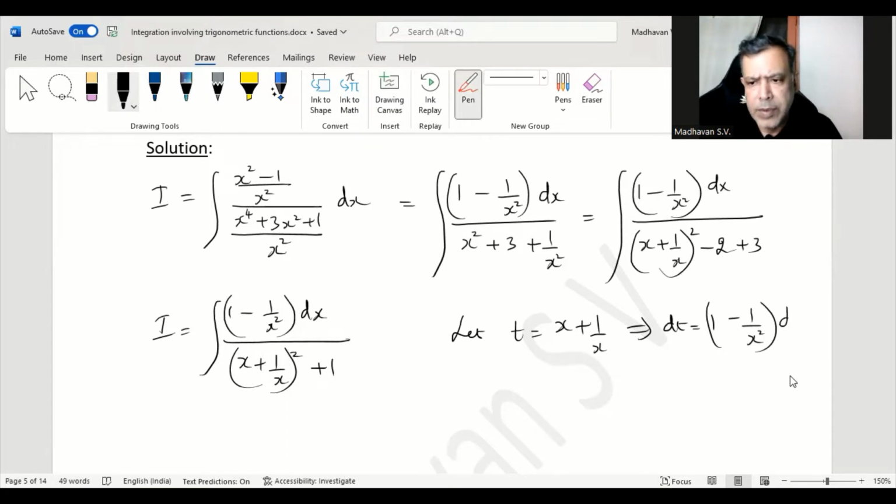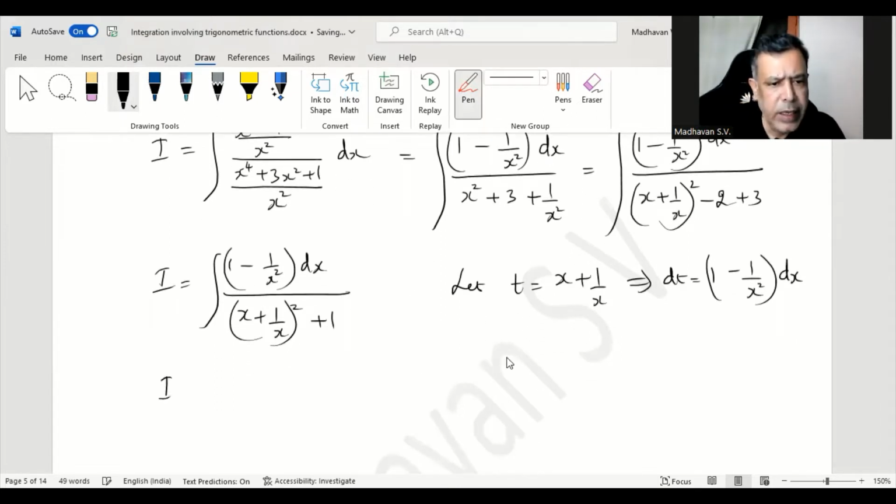That means this I now can be written as integral dt divided by t square plus 1, and 1 can be written as 1 square. This is nothing but tan inverse of t plus some constant c.